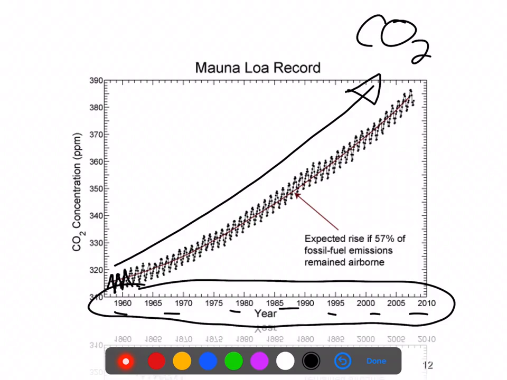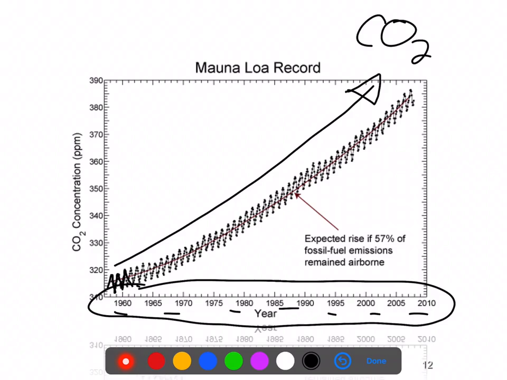We go to polar regions and we drill into those polar regions and we pull out ice cores. And those ice cores, frozen ice cores, have trapped air from a long time ago.